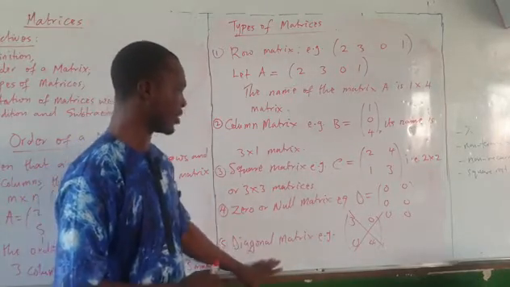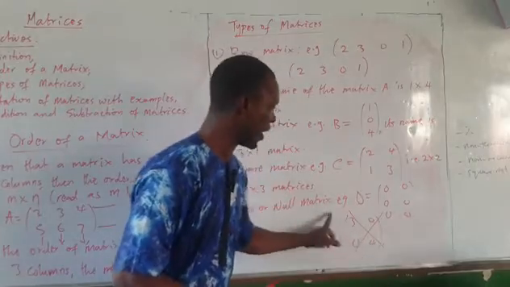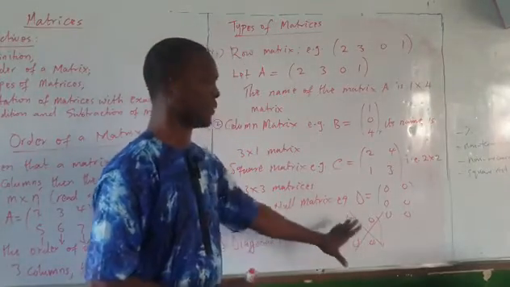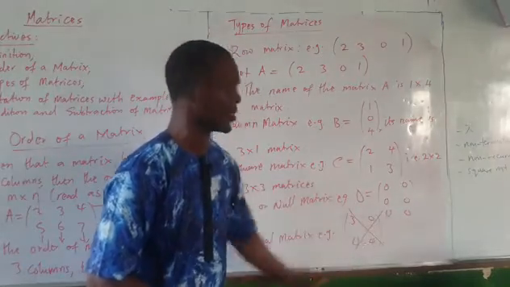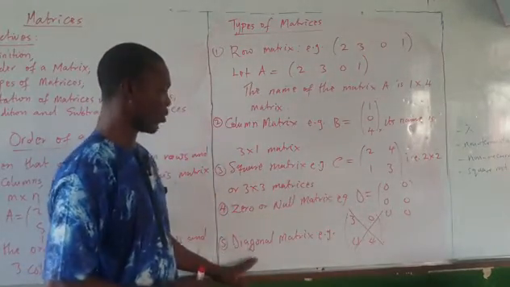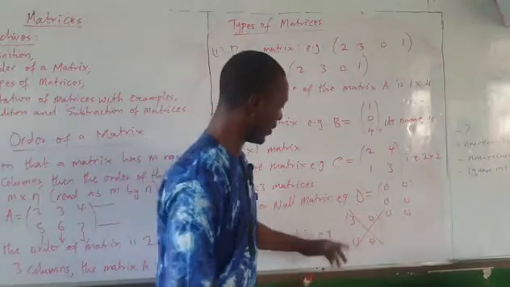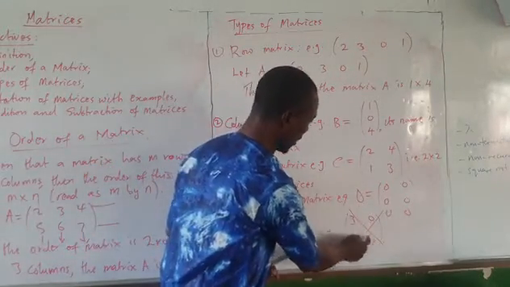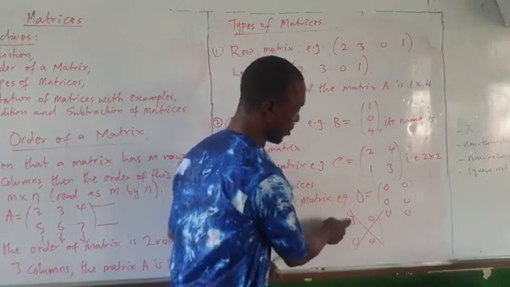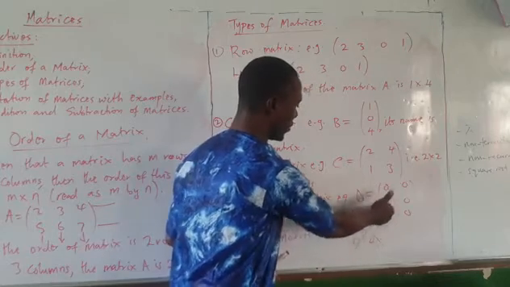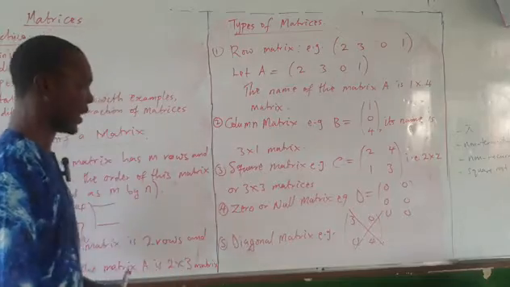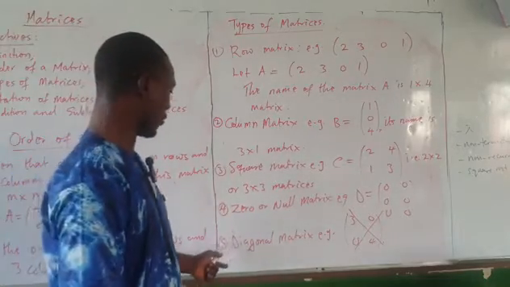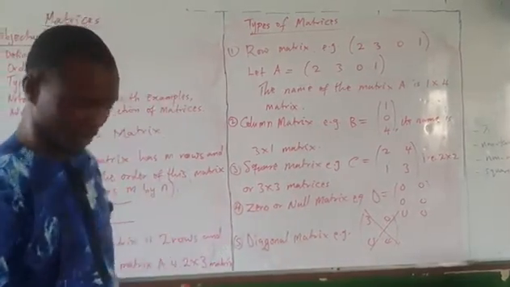Under a diagonal matrix, the principal diagonal has values, but the entries on the other diagonal are 0. In this example, the main diagonal has 3 and 4 as the elements, but the other diagonal has 0 as the entries. So we are going to continue from type 6.